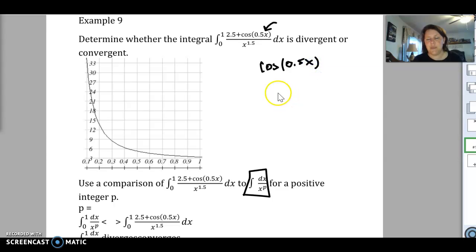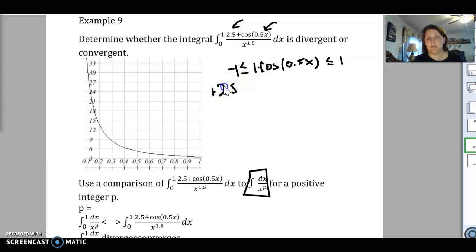I'm going to start with that and then slowly build my equation back up so that we can use that comparison theorem. So I've got the cosine of 0.5x, and I know, because my amplitude is 1, and we learned this last year, that the greatest value it can take on is 1, so it's always going to be less than or equal to 1, and it's always going to be greater than or equal to -1. So because of my amplitude, I know that. Now, let's start to build this equation back up. Next thing I need to do is add 2.5 to my equation.